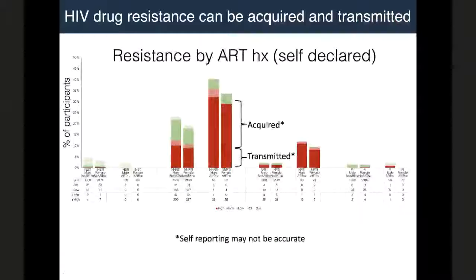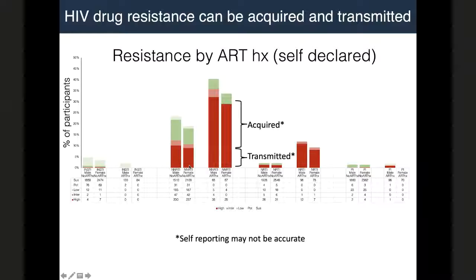So you get a feel within the Popart data straight away of how important transmitted versus acquired drug resistance is. These are individuals that enrolled in a healthcare facility where they're asked, have you previously had antiretroviral therapy in the past? A proportion of those individuals will say that they have, and they're shown, the men and the women, and a proportion of those will say that they haven't.